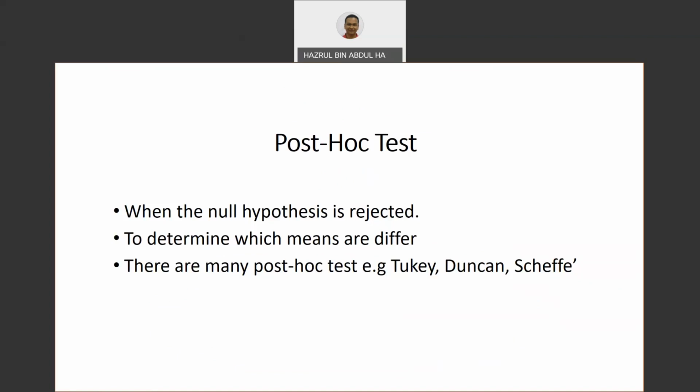If you reject the null hypothesis, meaning the conclusion is that there are significantly different means between the groups, then maybe you are interested to know which groups are significantly different. So post-hoc tests can be used to determine which group means are different.